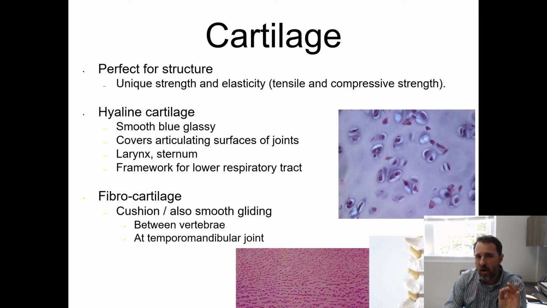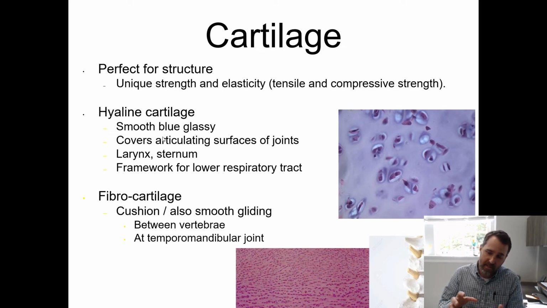So let's get into cartilage. Cartilage performs some very specific functions within the body. We have three different kinds: hyaline cartilage, fibrocartilage, and yellow cartilage. And they each have a specific function. But cartilage is unique because it has tensile and compressive strength.